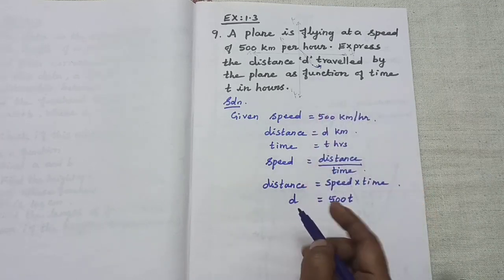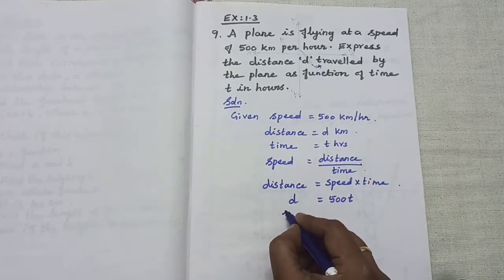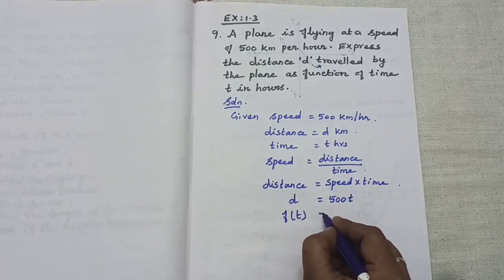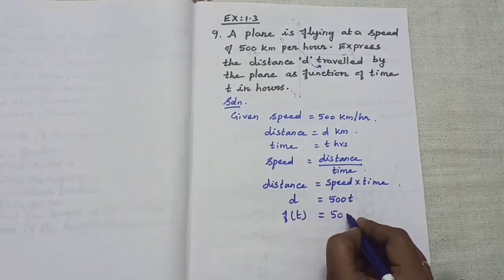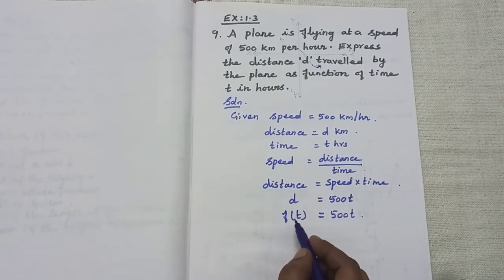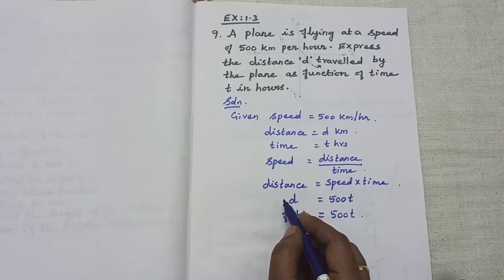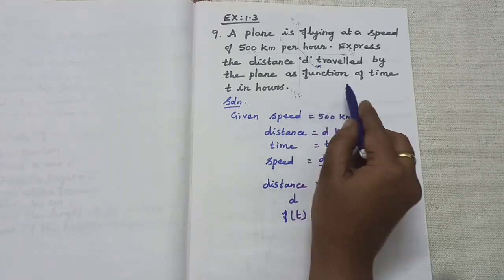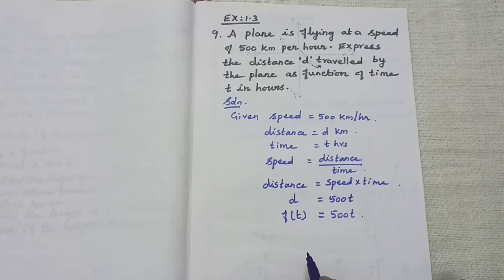So how can we write this d? f of t, function of t, is equal to 500t. That's the answer. Function of t means the distance traveled. Distance traveled is equal to 500t, written according to the question. Have you understood?